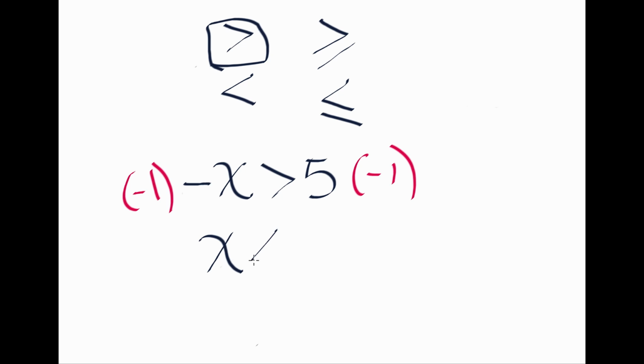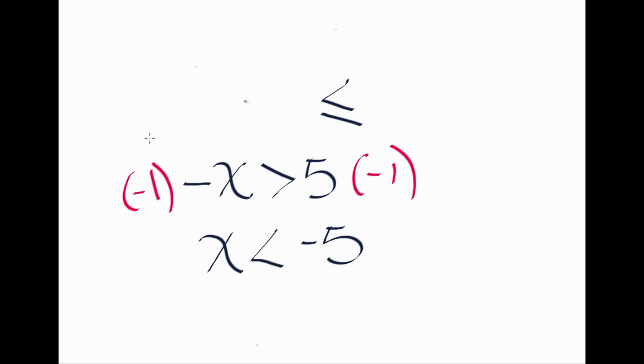It's going to be x less than negative 5. This symbol changes direction. Other than that, to isolate x and to do everything else, it's the same way as you would solve a linear equation.